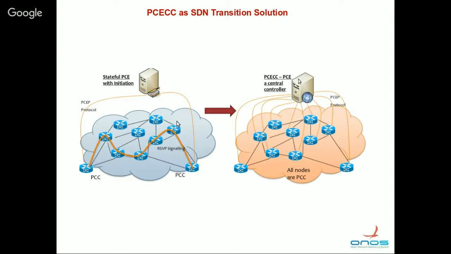So the next one is moving towards pure SDN, where we have complete control logic with the SDN controller, that is PCECC. If you see, similar to OpenFlow, each device is connected to the controller, and the controller has the capacity to distribute the labels to all the devices connected to it.